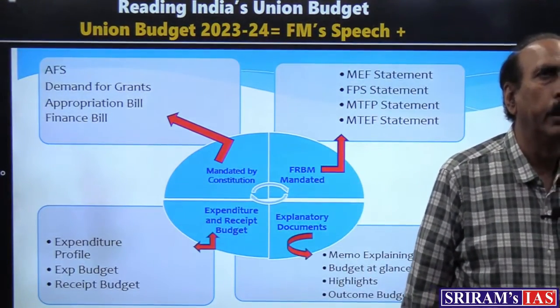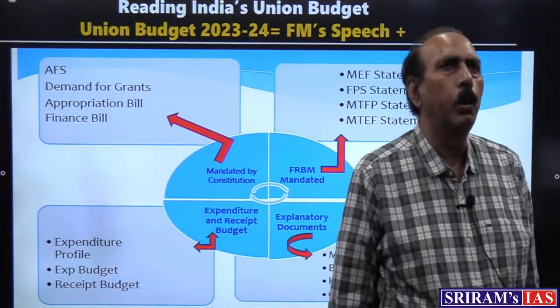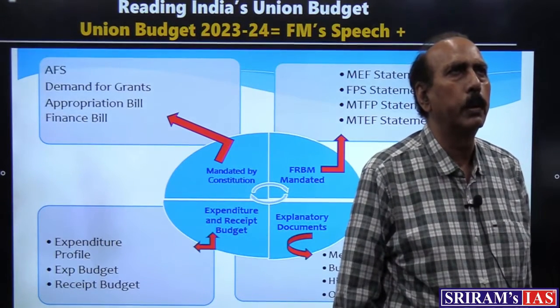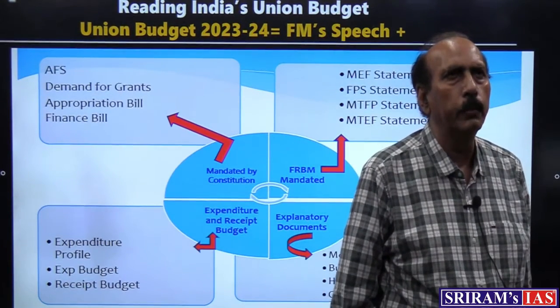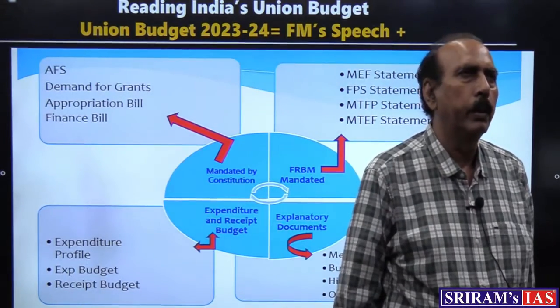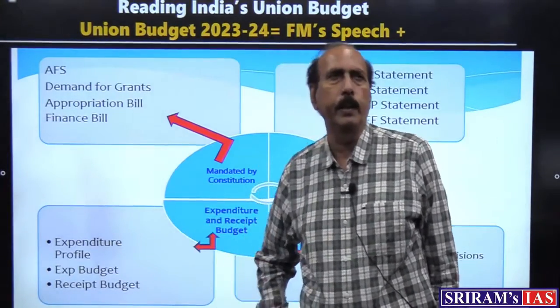The expenditure profile gives you the overall allocation of funds by the government under various heads. Suppose you want to see how much allocation is made by the government for the empowerment of women, the total allocation made, then you can find that statement in the expenditure profile.